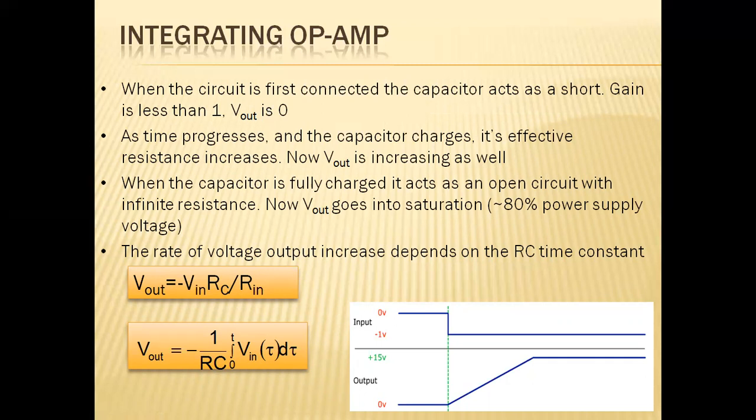As time progresses and the capacitor charges, if the amplification process is being done on a time basis, the capacitor will be charged and the effective resistance at the input will increase. Depending on the increase in resistance, the output will also increase simultaneously.